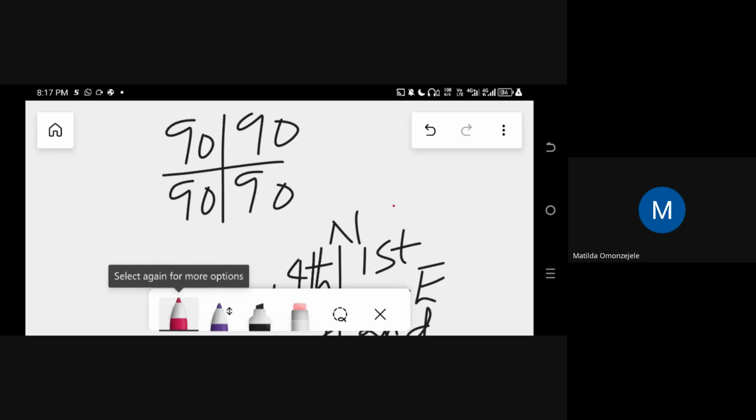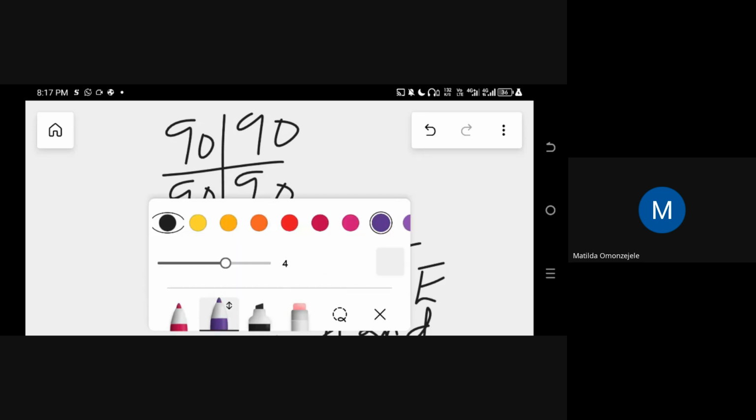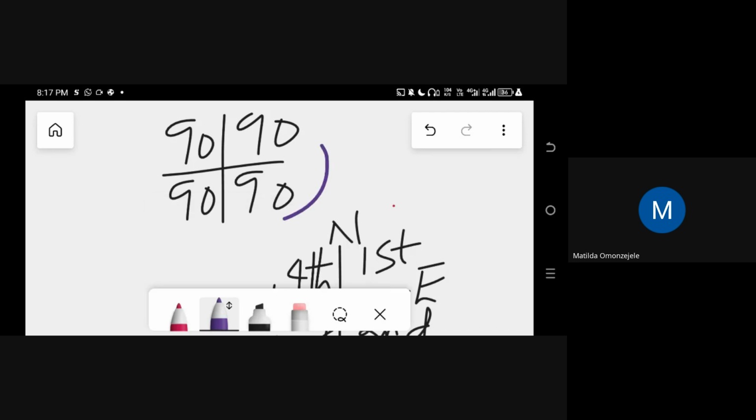So from here to here, 90 plus 90 is 180. That's why in the second quadrant, anything is above 90 to 180. You can see the 90 plus 90.